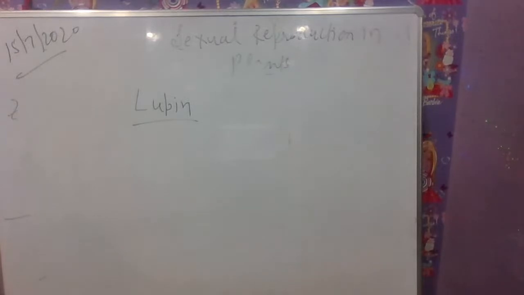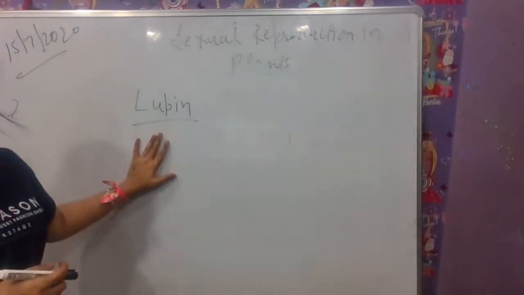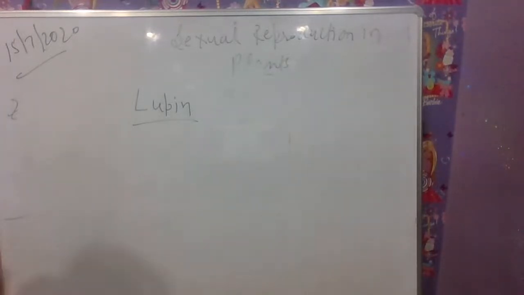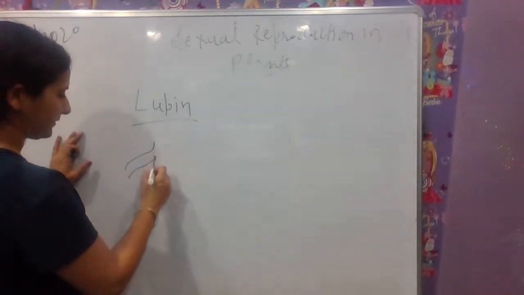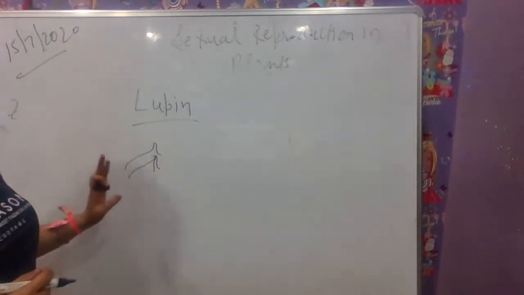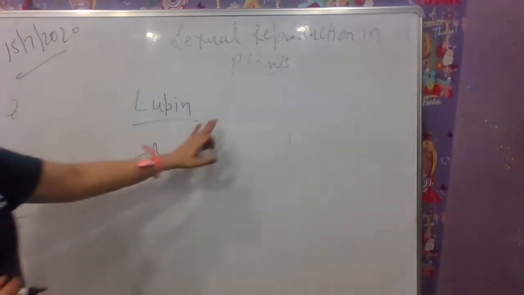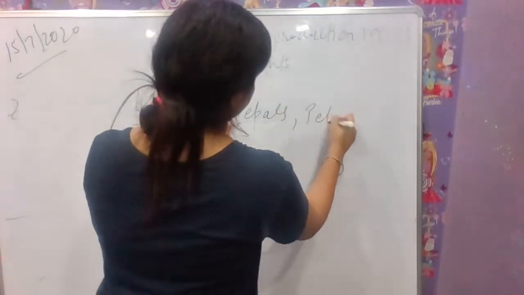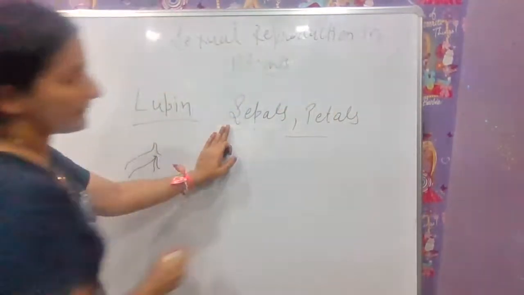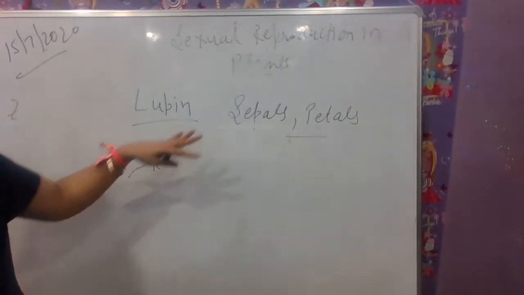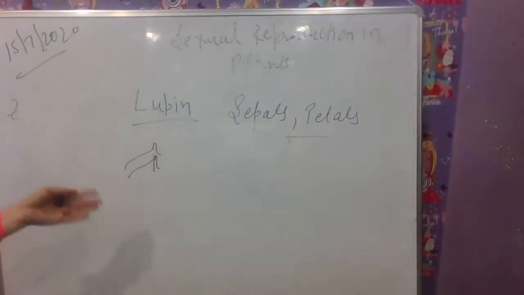In the lupin flower, there are 5 sepals, but these are joined. 1, 2, 3, 4, 5. Now, petals. There are 5 petals, and they occur in different forms, joined together in a different shape.